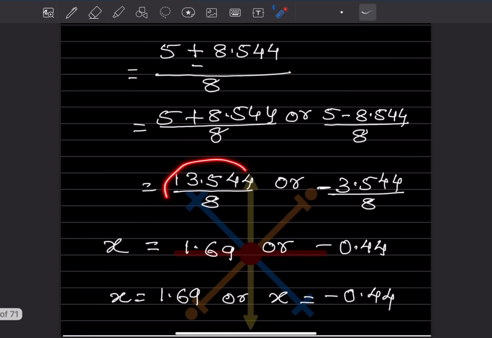When you divide this, you get 1.69, because you have to put it to only two decimals, and here when you divide this you get 0.44. So we can write x is equal to 1.69, or x will be minus 0.44.